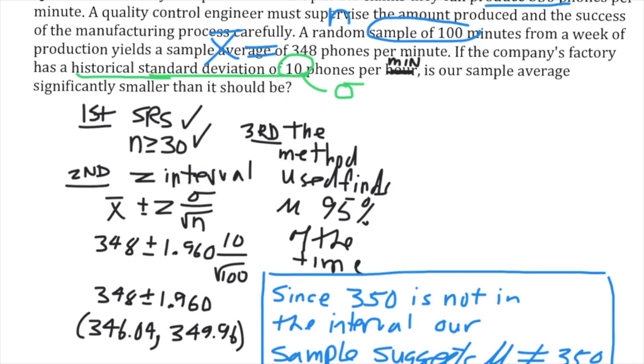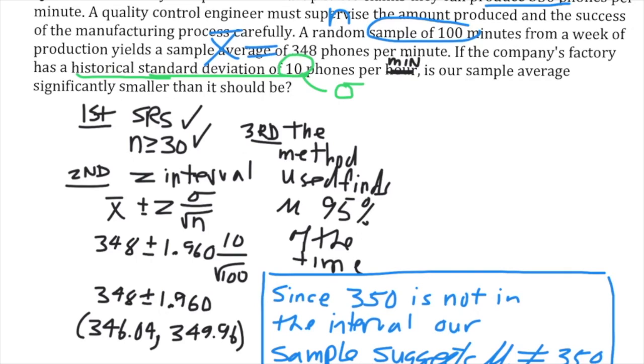Well, since 350 is supposed to be the target, or the target number of phones, 350 does not appear in that interval, and since that's true, that suggests that the true average is no longer 350 for the factory. In other words, the factory could be drifting off course in terms of their production.